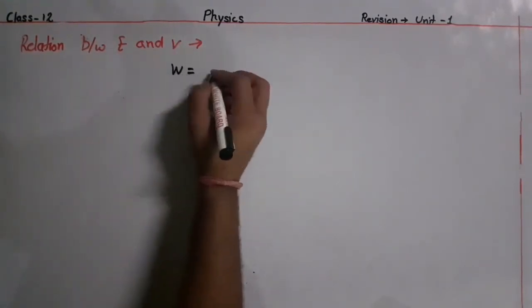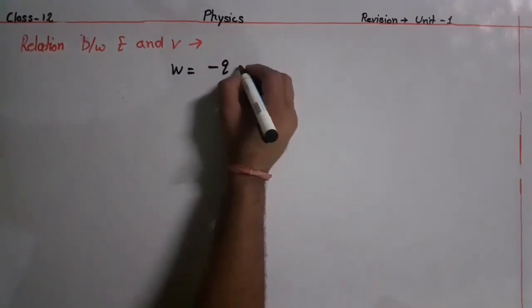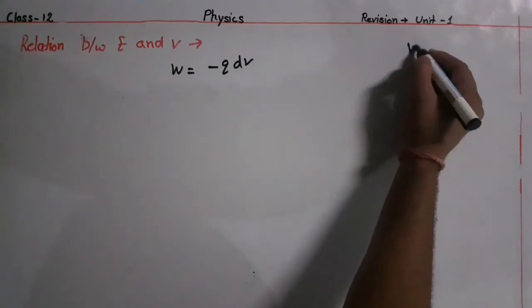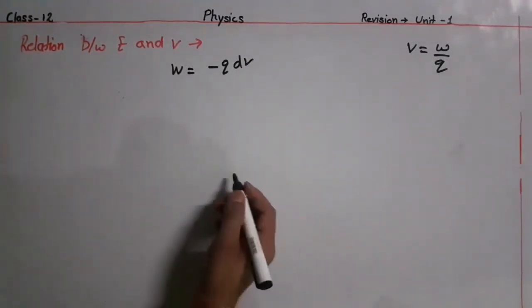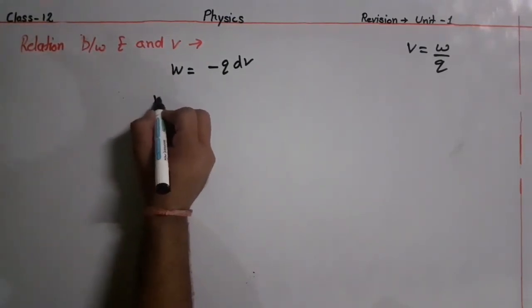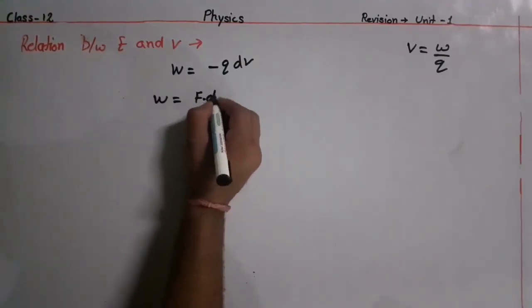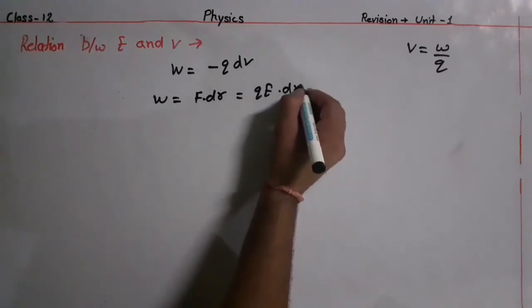Work done in the form of V is W is equal to minus Q into dV. Or we can simply rewrite as V is equal to W upon Q. It is the same thing. Next, in the form of electric field, work done is equal to F dot dr, or this will give us QE into dr. How does this come?